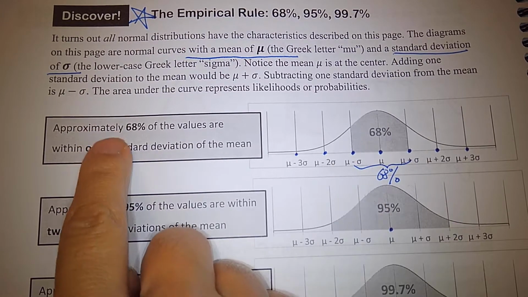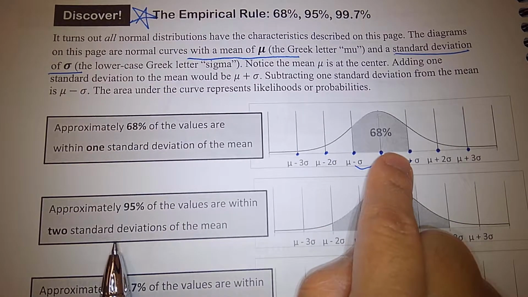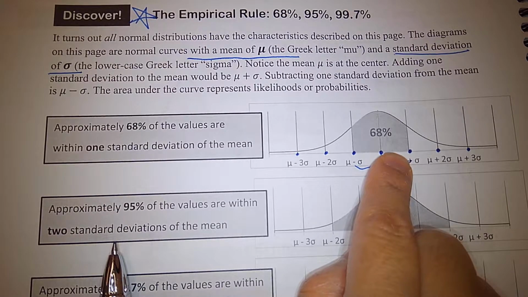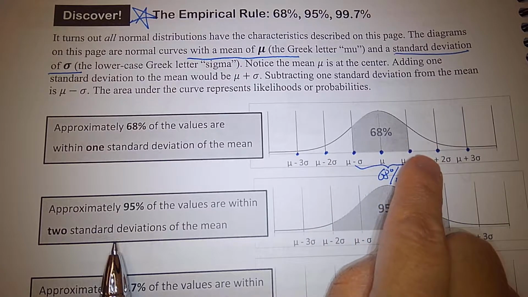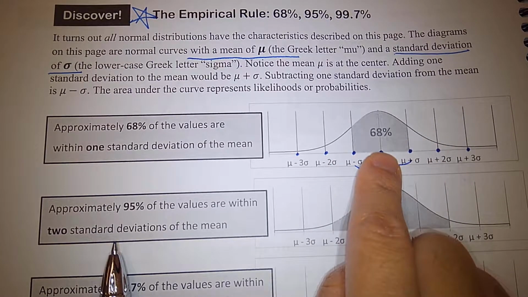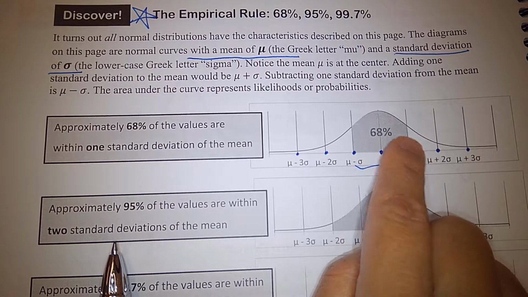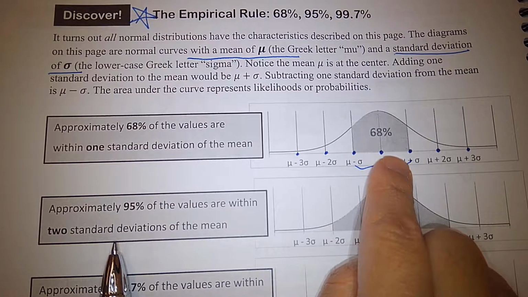So this rule is telling us that 68% of your grades will be between 60 points and 80 points. This is just an example. A lot of us were around the mean.